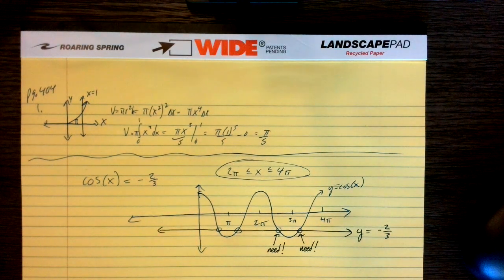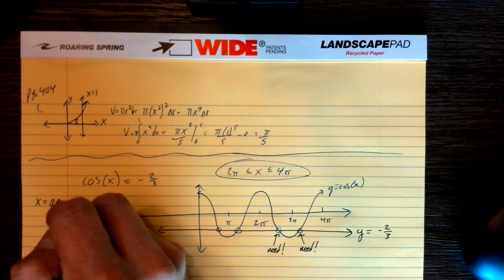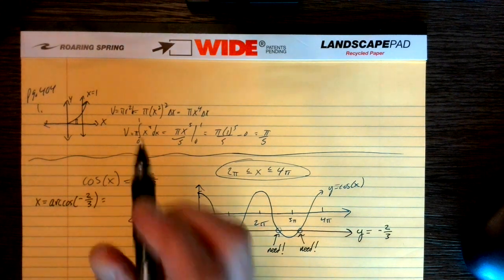So how are we going to do it? Well, to undo cosine, we take the arc cosine, or the inverse cosine. I prefer arc cosine because it's cooler. And we're going to get this value.